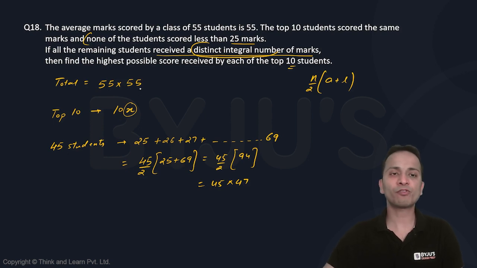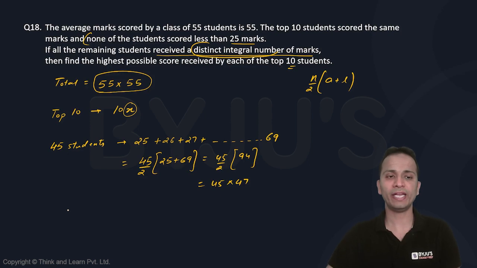This, when subtracted from the total score 55 into 55, should be equal to 10x. So I can say that 10x, the sum of the scores of the top 10 students, will be equal to 55 multiplied by 55 minus 45 multiplied by 47. I can take out 5 common.